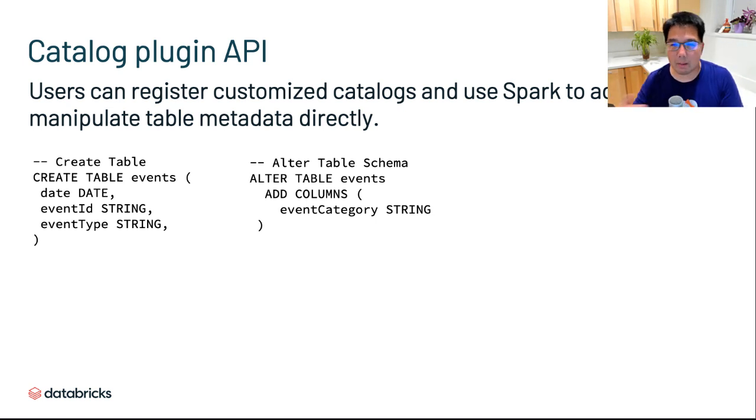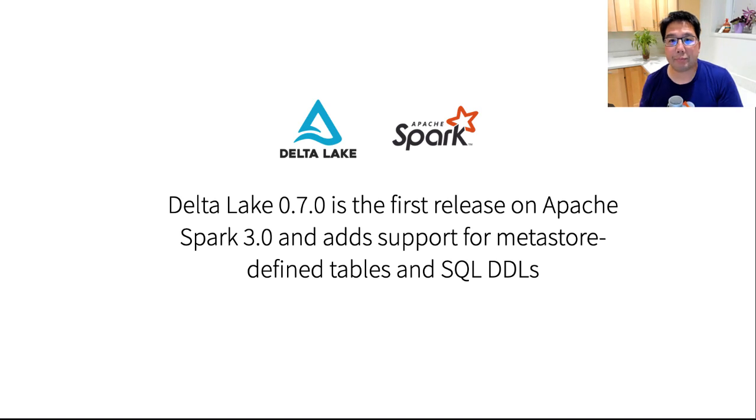All right, we're going to get back to those concepts real quick, but now we're going to segue into Delta Lake, okay? We're doing the segue because it's the integration of Delta Lake 0.7 and Spark 3.0. Delta Lake 0.7.0 is the first release on Apache Spark 3.0 that adds support for Metastore defined tables and SQL DDLs.